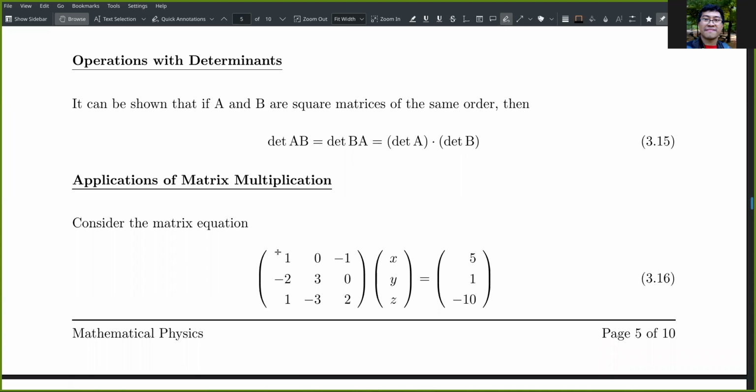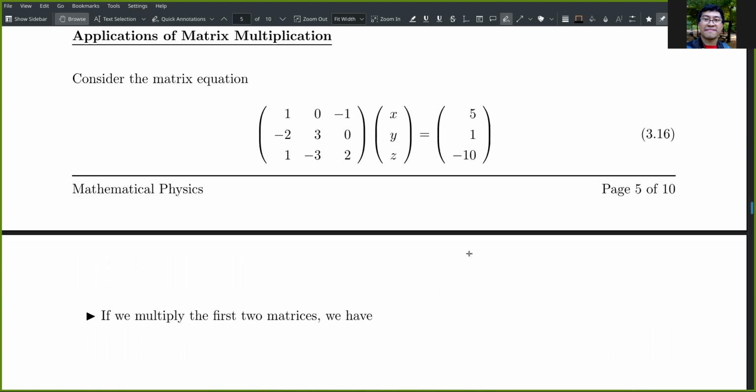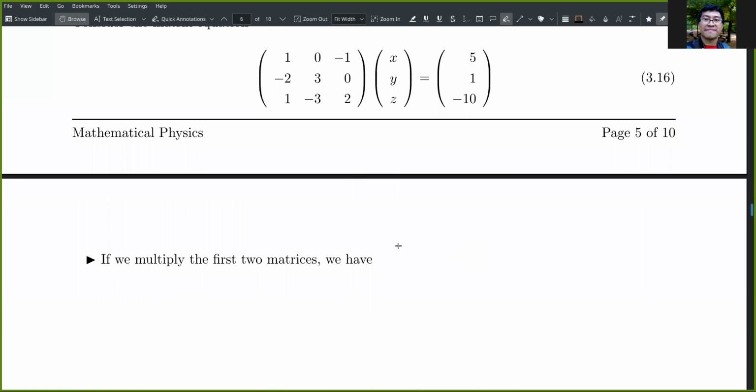Consider this matrix equation. There's a matrix, this is a column matrix, another column matrix here. If you multiply the first two matrices, you get this times this. So that would be x minus z. The second row would be negative 2x plus 3y.